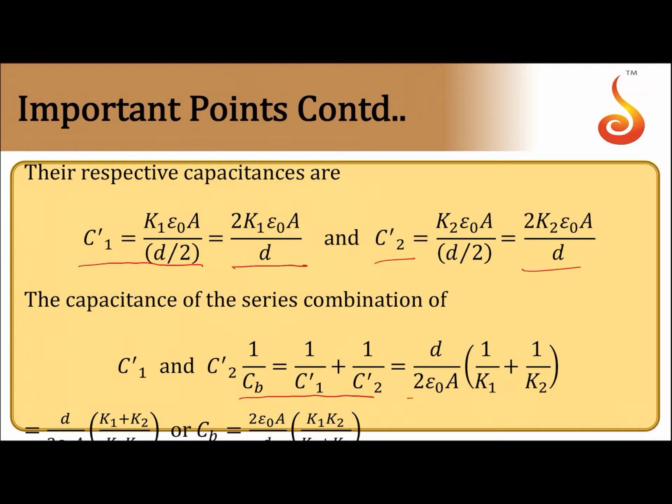So if you simplify this, then the effective capacitance will be the reciprocal of this. So it will be 2 epsilon naught A divided by D into K1 K2 divided by K1 plus K2. So this is what you are going to get.